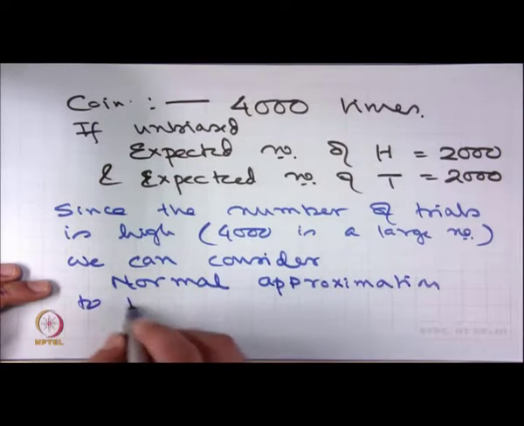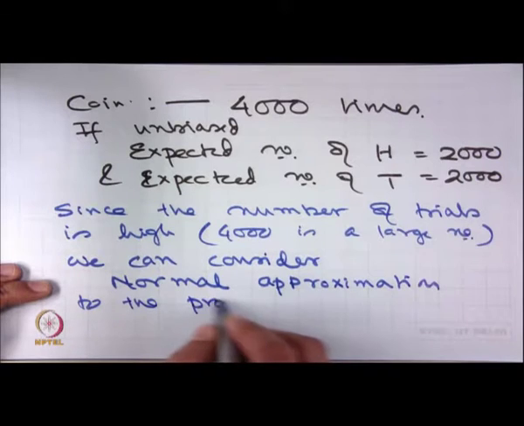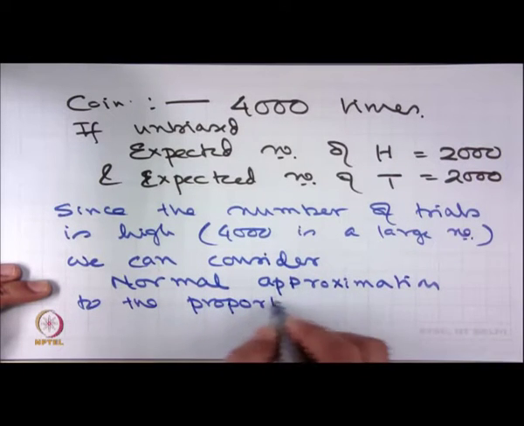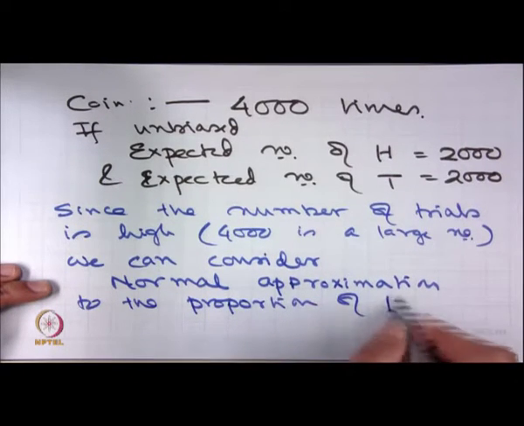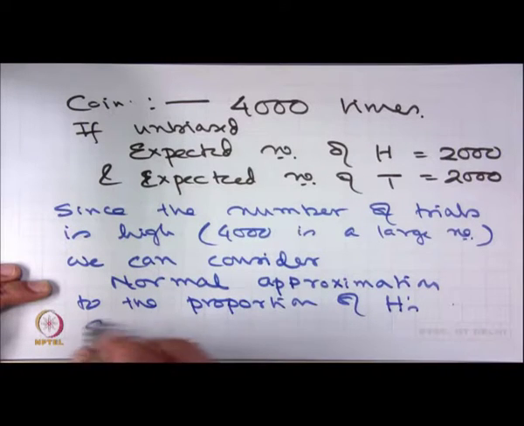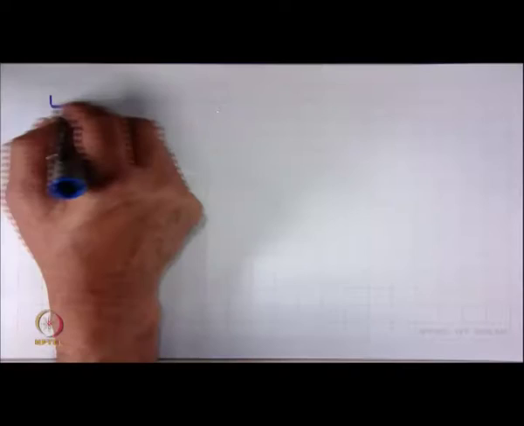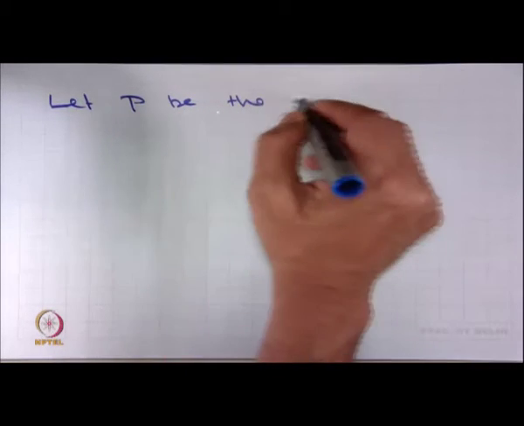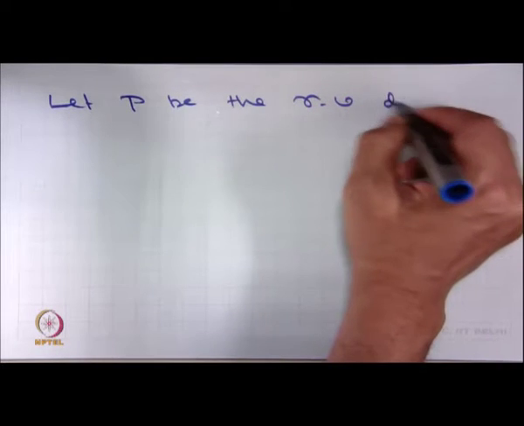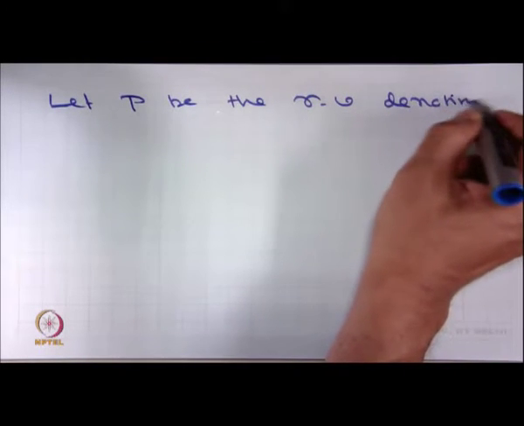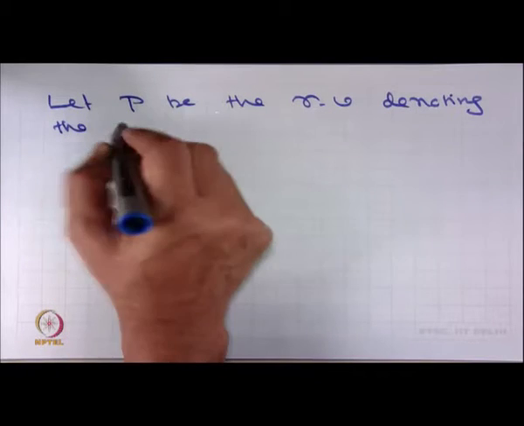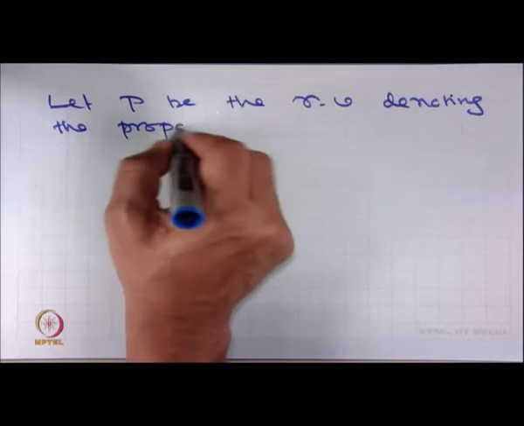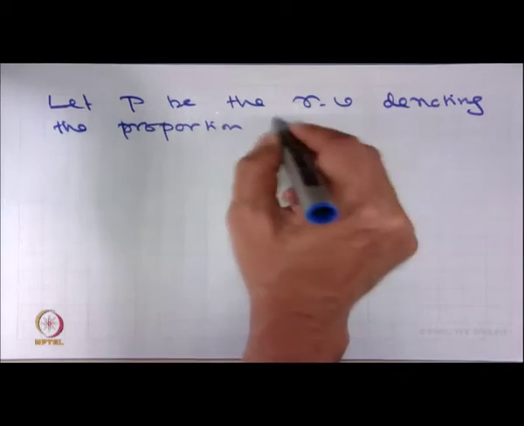To the proportion of heads obtained. Let p be the random variable denoting the proportion of heads.